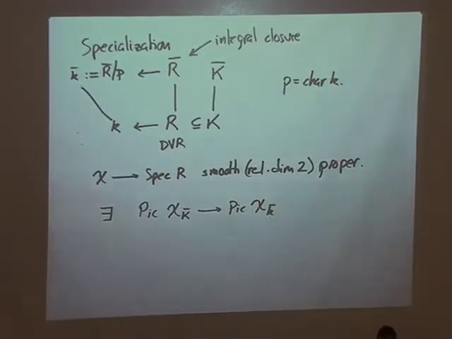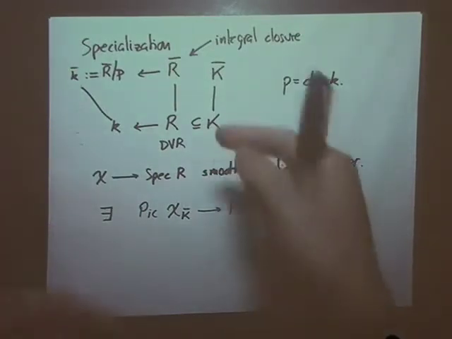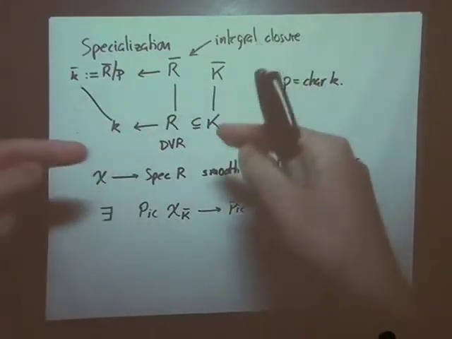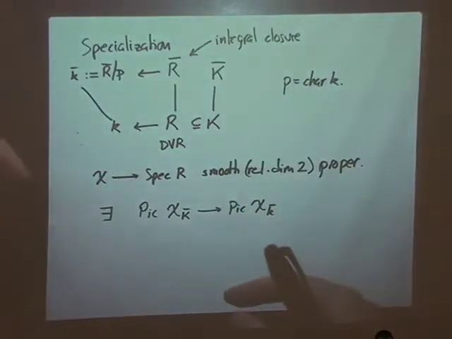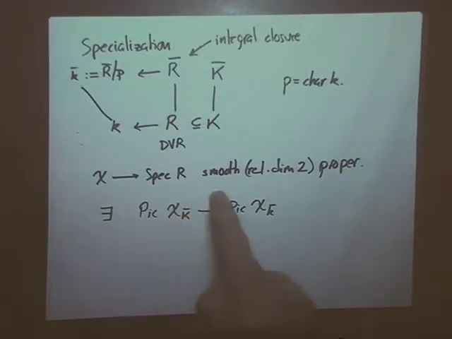And it's constructed, I mean, you do it a little bit slowly. You look at finite extensions of K, take integral extensions, the integral closure of R, look at residue fields, and take limits as you go along. Naively, this map is the nice thing you might want, because of the hypotheses that I have these nice smooth varieties here.